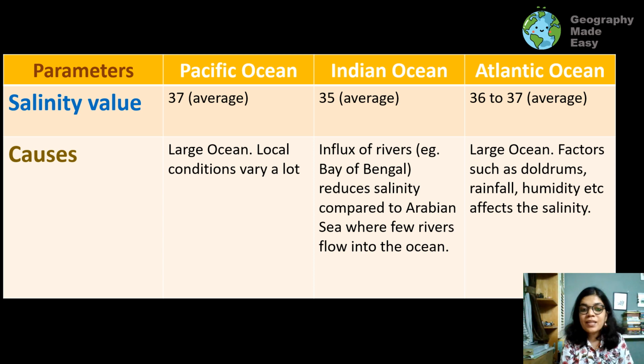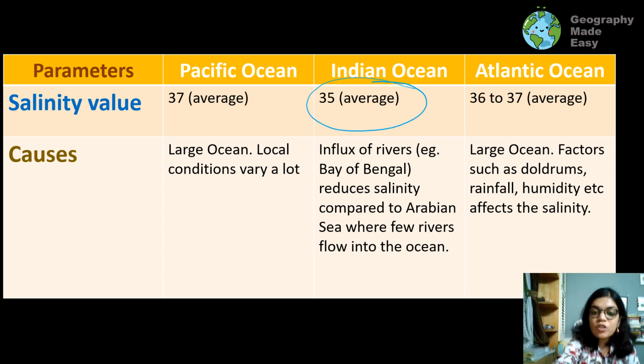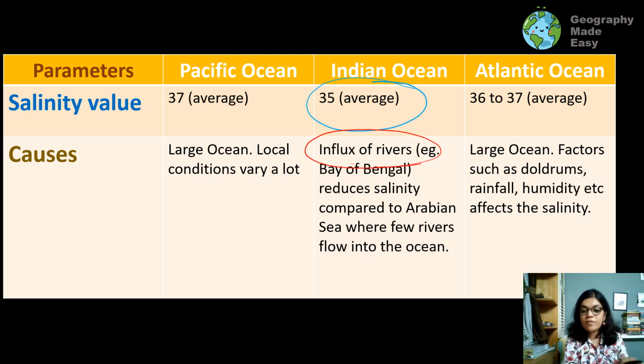Next, we have the Indian Ocean, where the salinity is actually less, and this is because of the influx of rivers, which in the previous slide we saw is one of the most important reasons. A lot of the salinity gets reduced because some of the world's largest river systems bring in a lot of sediment and fresh water into the ocean through the Bay of Bengal, and they are the Ganges and the Brahmaputra systems, along with the southern Indian rivers also.